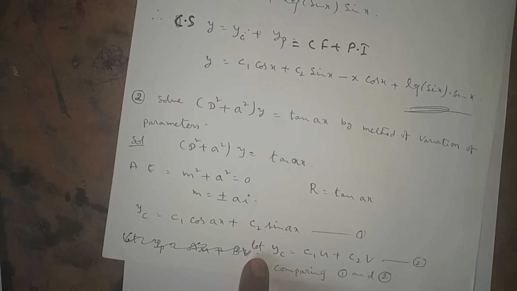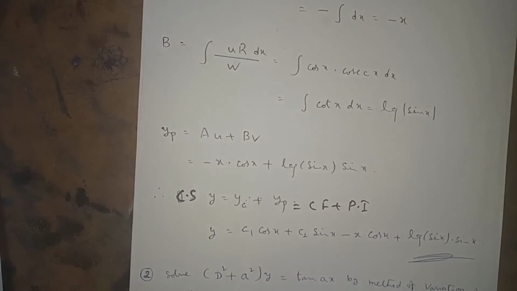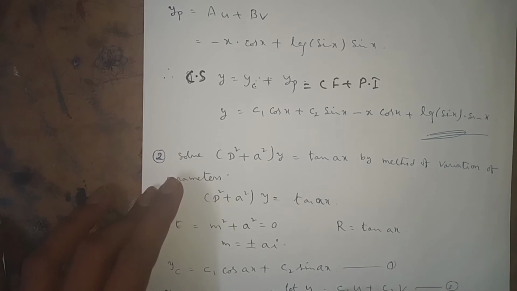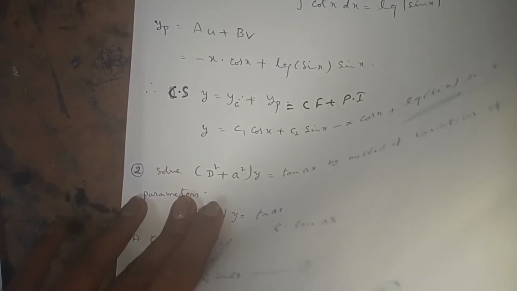Now let us assume yc as c1u plus c2v. Comparing equations 1 and 2, how much will you get? U is equal to cos ax, V is equal to sin ax.